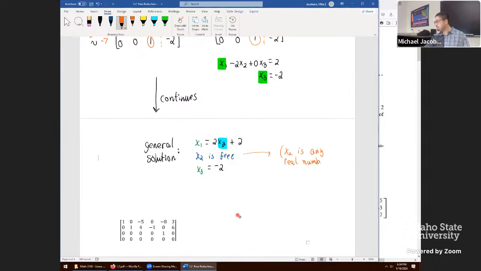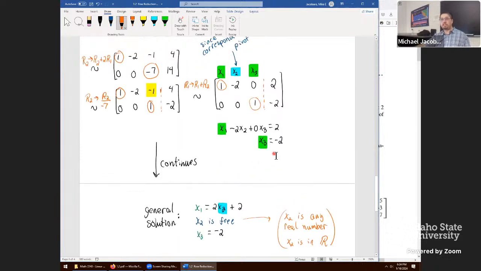If you want to say that a little bit faster, you could just say x2 is in R, the set of all real numbers. Or just say x2 is free, and that's just as great as well. We did it, folks. That wasn't a terrible row reduction, but it had something new, a free variable right in this location. Any questions about getting through this one?